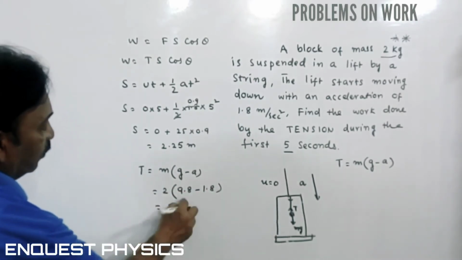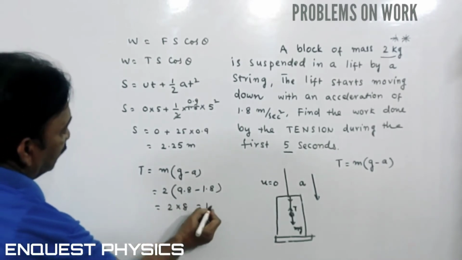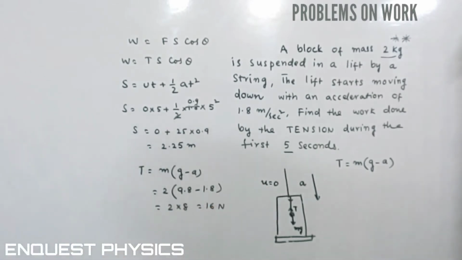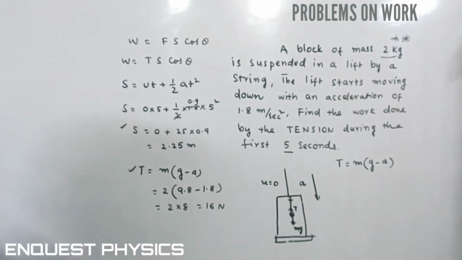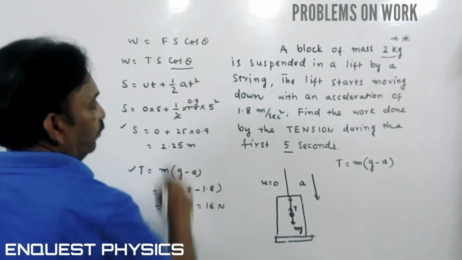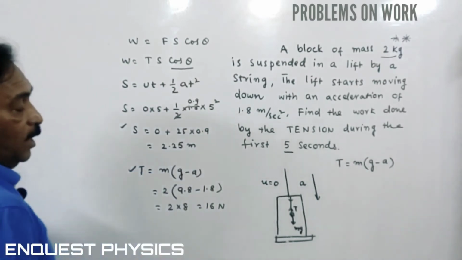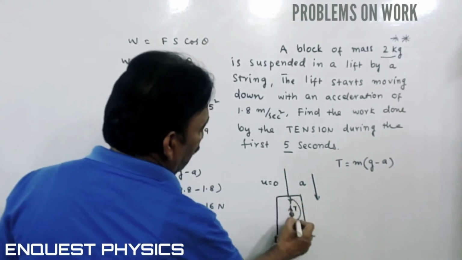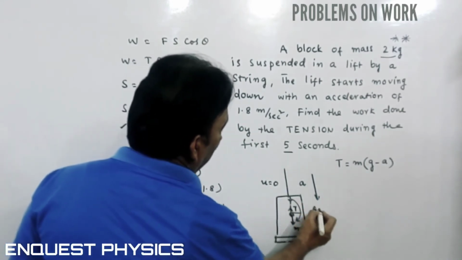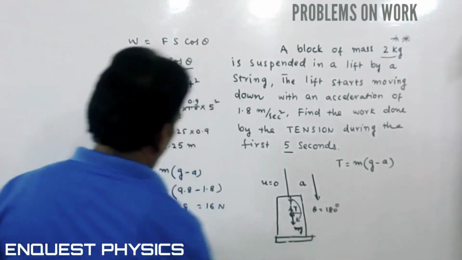That is 2 into 8, it is 16 Newton. We have the T value as well as the s. And what about theta? The lift is coming down, so the tension and displacement are opposite. Here theta is equal to 180.